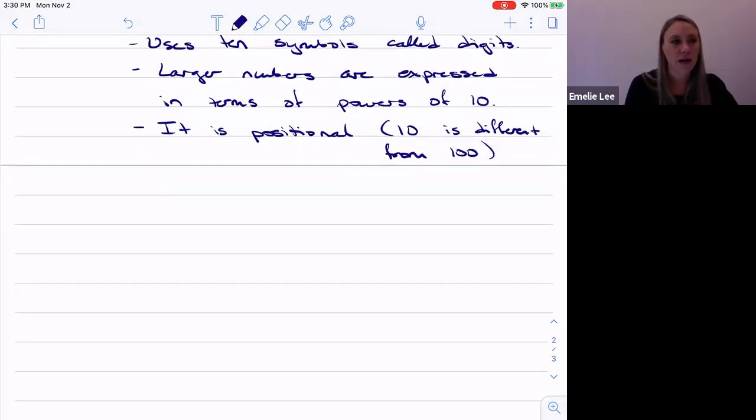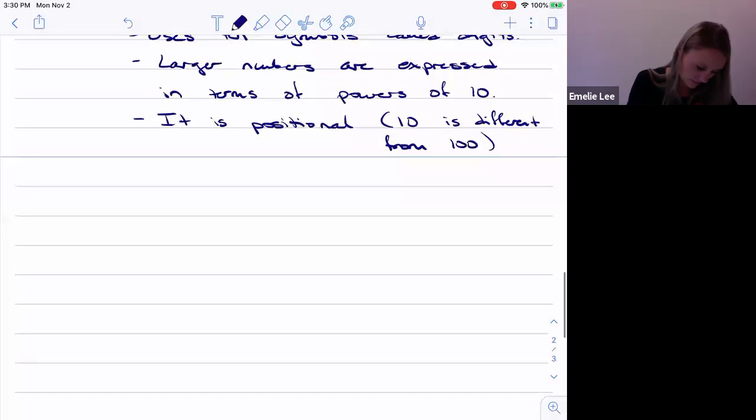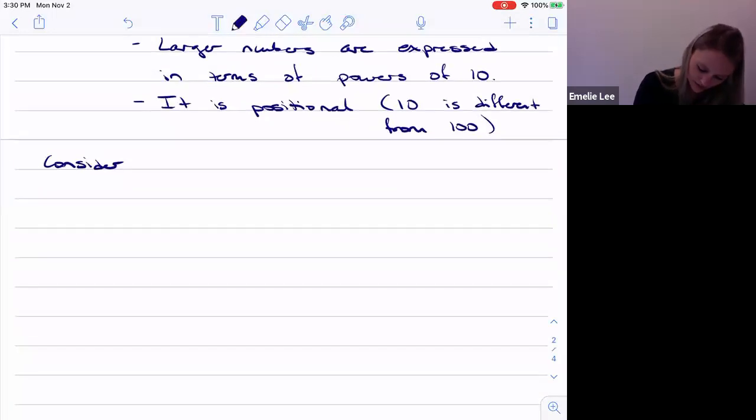So I'm just going to use dots because I'm not drawing squares, but if you have a hard time seeing the dots, let me know and I'll do better. Consider this. 1, 2, 3, 4, 5, 6, 7, 8, 9.